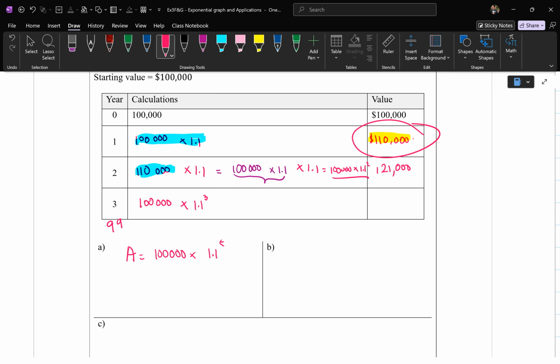And that's what the question was asking, saying leave it as A is the amount that you'll get. T is the amount of years. So if we put 0, we get 100,000. Put 1, we get 110,000. Put 2, get 121,000. Does that make sense?